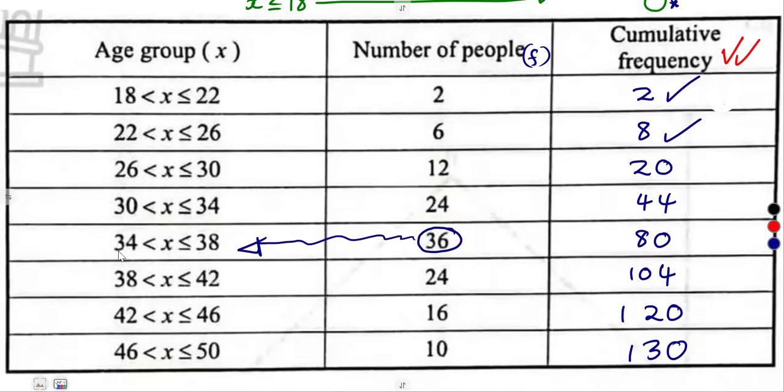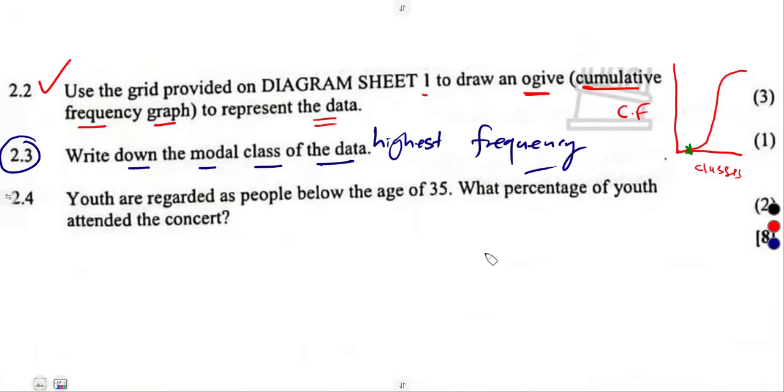That is from 34 to 38. So we write this as it is: x is greater than 34 but x is less than or equal to 38, where we have got the highest frequency.